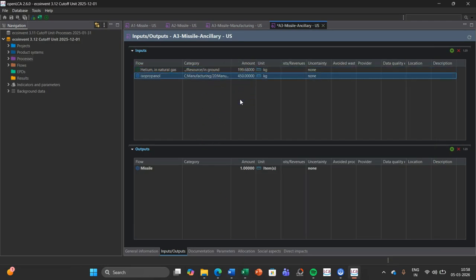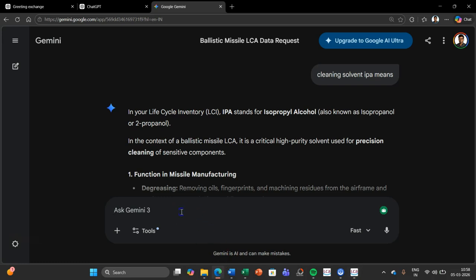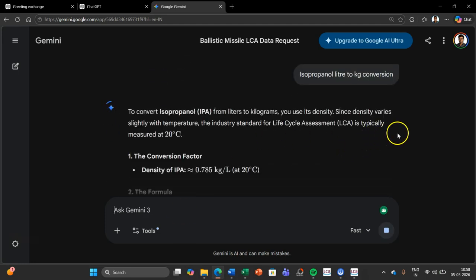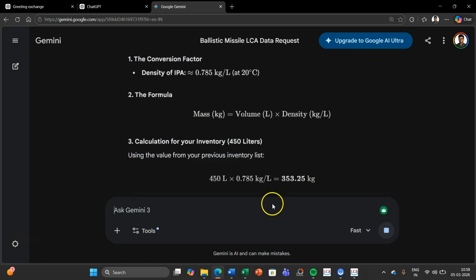But here it's not water, so we cannot directly use kg, I think. Let's ask the same way. Isopropanol liter to kg conversion. 450 liters.